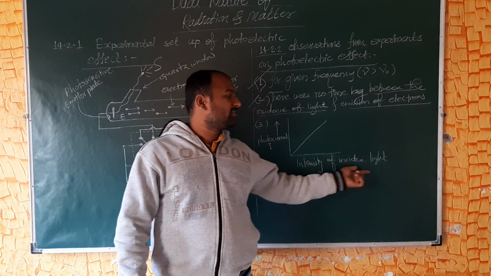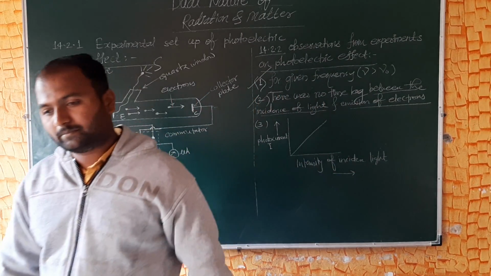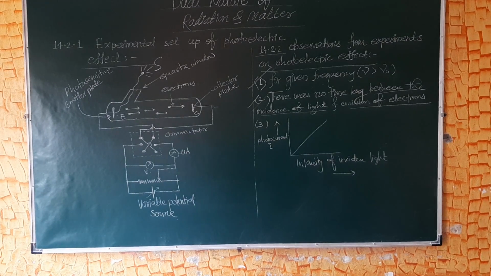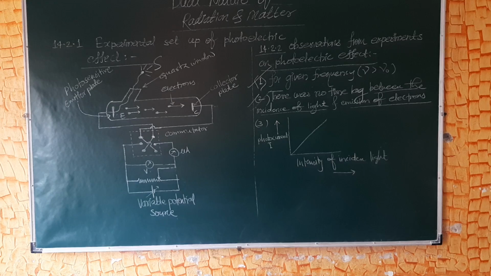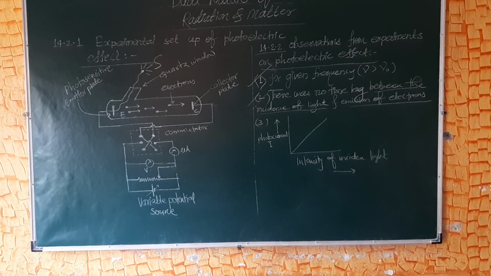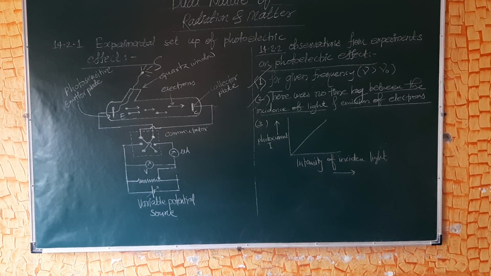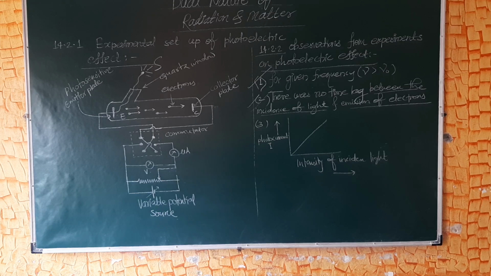Whenever we increase the intensity of incident light, suppose the intensity of the incident light is increased, then the photocurrent also increases.